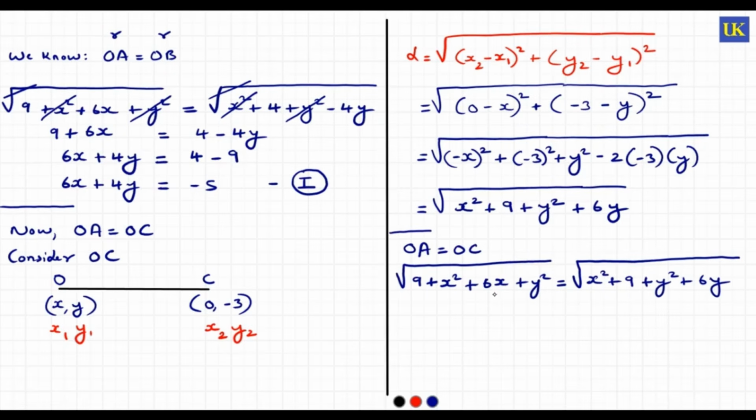So now here what we can do, guys, see, we can cancel square root and square root, then we can cancel x square and x square, then we can cancel y square and y square. And also 9 can be cancelled, so plus 9 and this 9.